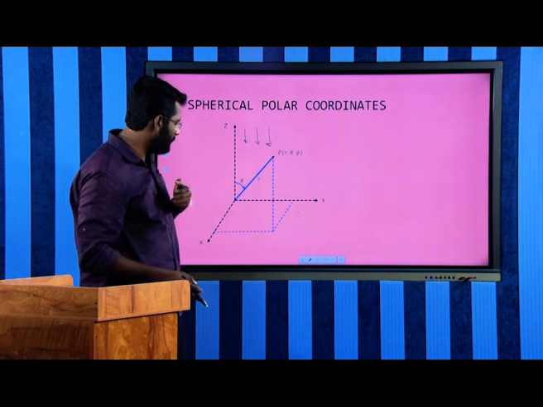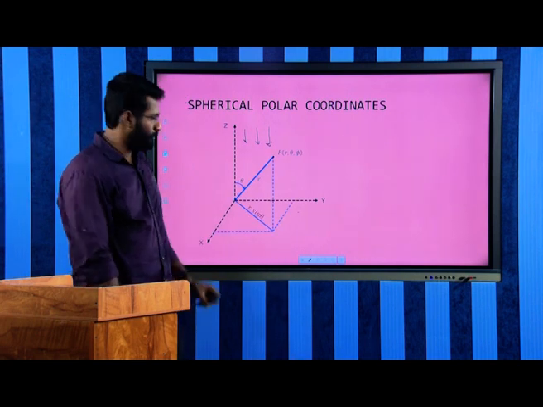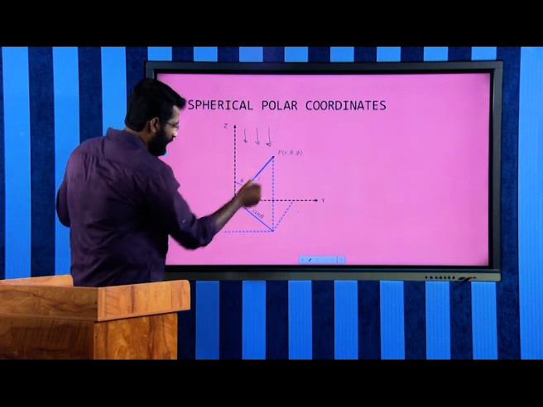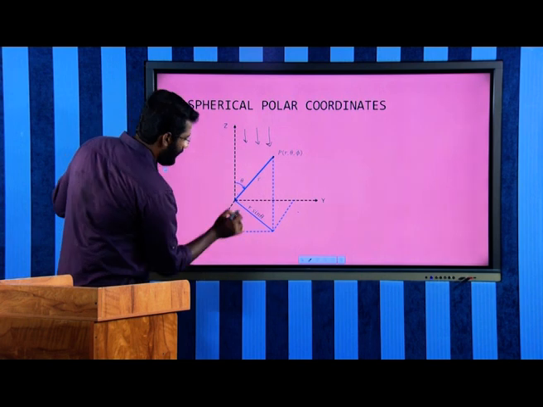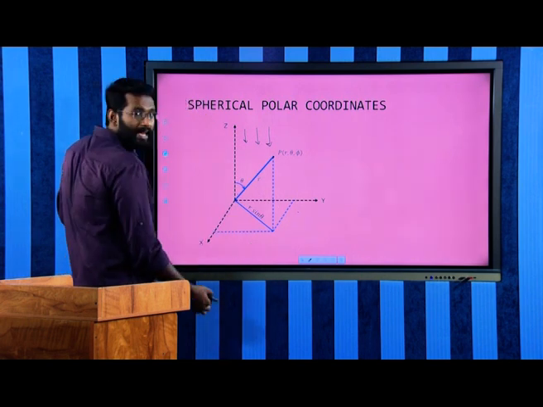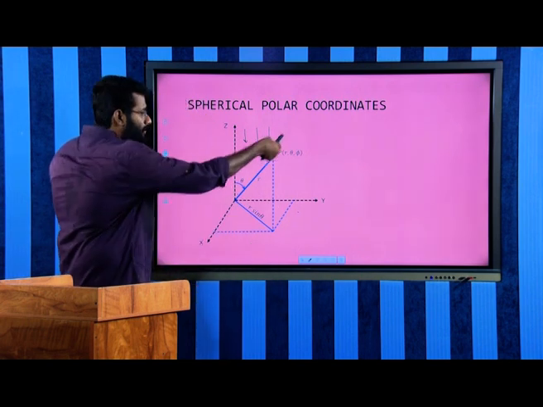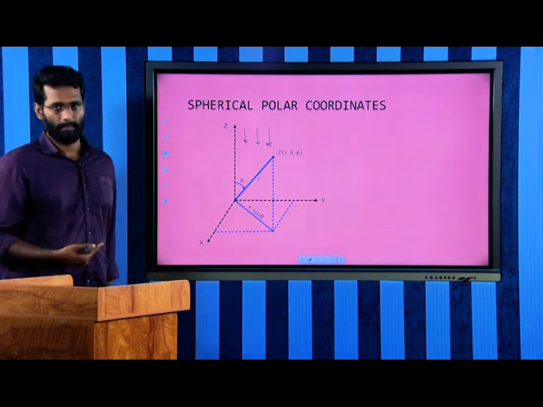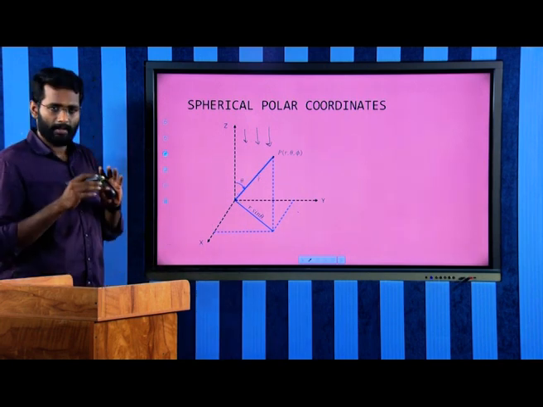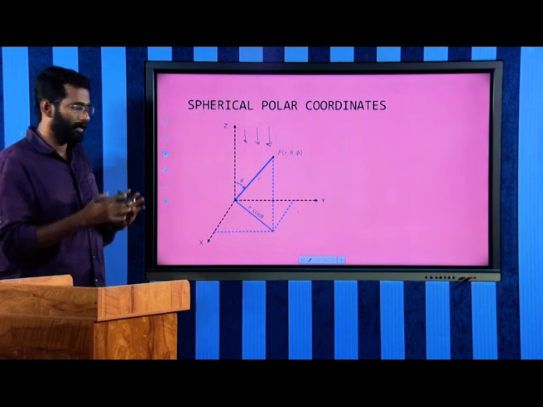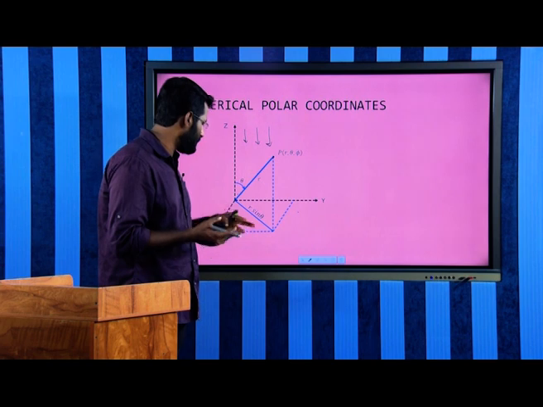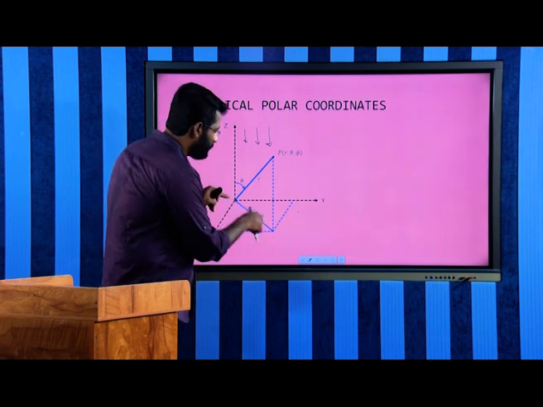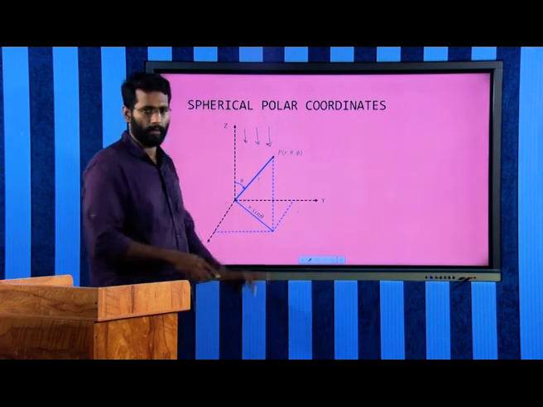So that shadow will be something like this. This is actually r sin theta, just ignore the value, we will find the value later. This line is actually the shadow of this r on the xy plane. That is part of the next coordinate system. We have not completely reached the next coordinate system yet. Just understand that this is the projection in the xy plane.